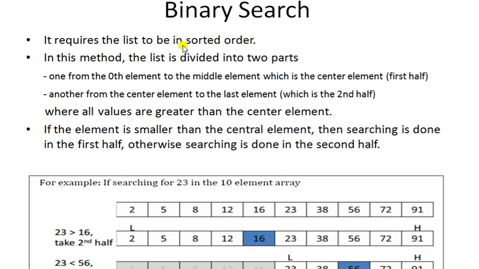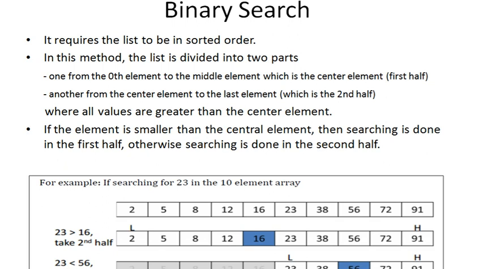This is a very important point, that is, in binary search, the list has to be in sorted order. The searching mechanism proceeds depending upon whether the target element is greater or smaller than the central element.